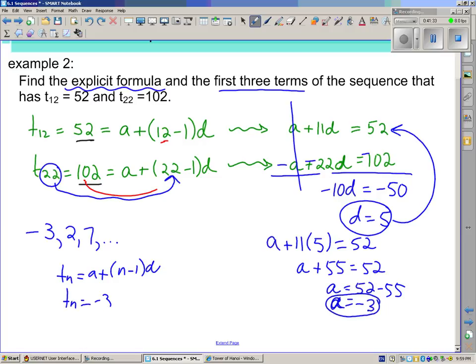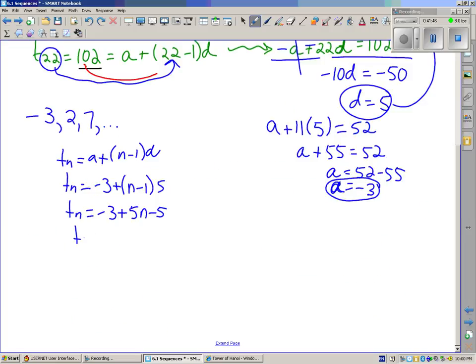A, negative 3. D, 5. This gives me negative 3 plus 5n minus 5, for negative 8 plus 5n.